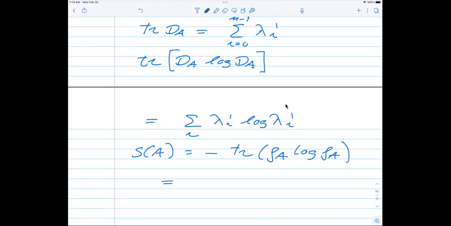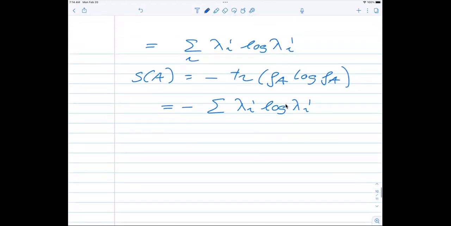This is something which I now can rewrite as minus a sum of lambda i log of lambda i. And these lambda i's, they are probabilities when I look at the spectral decomposition of the density matrix.